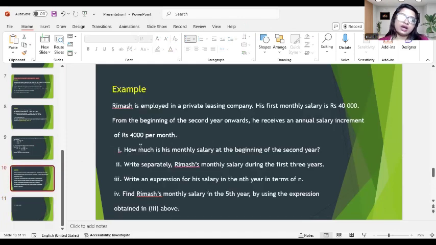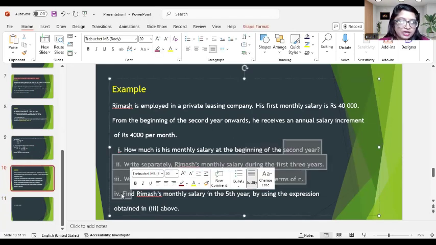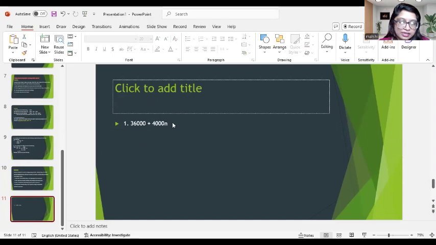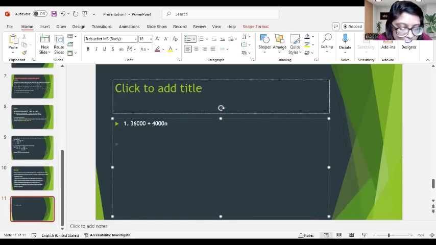The first question asks how much is his salary at the beginning of the second year. No? What about his second year salary? His second year salary is, you can add 40,000 rupees plus 4,000 rupees.